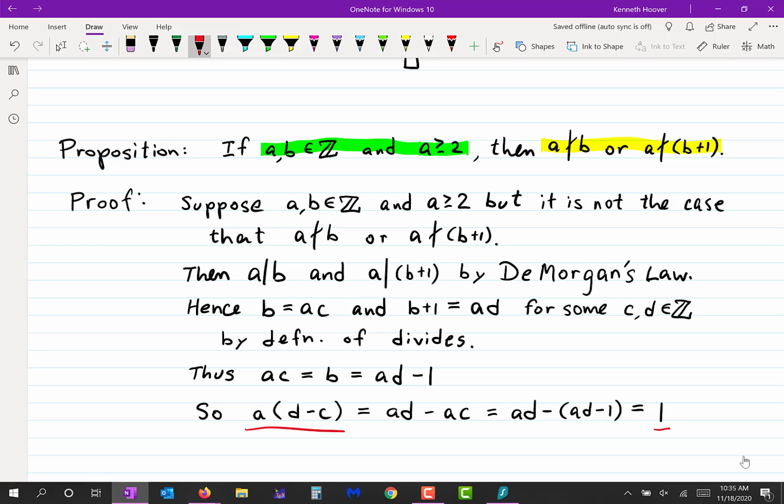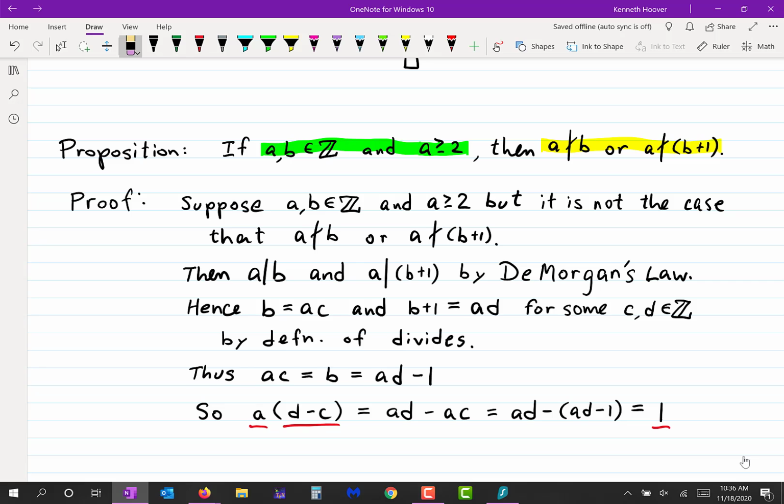Now, what do we know about A? It's an integer, and it is at least 2. So that means A is a positive number. And if A times D minus C is positive, and A is positive, then what can you tell me about D minus C? Wouldn't that have to also be positive?